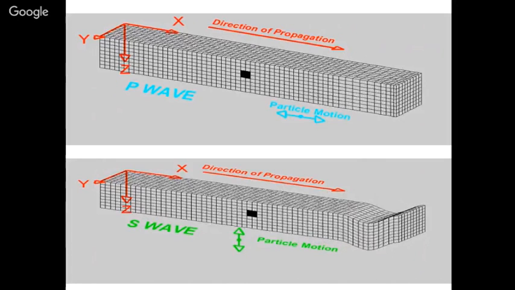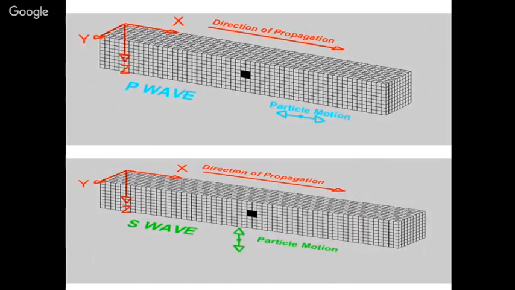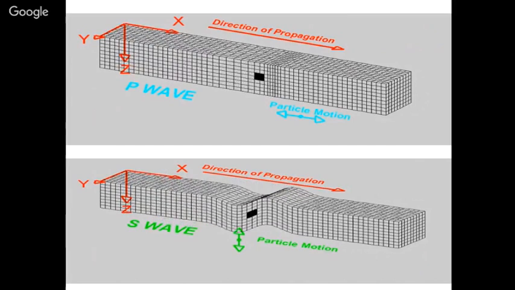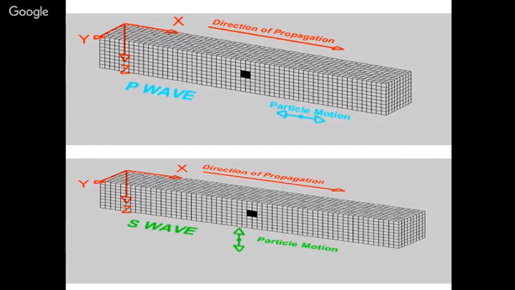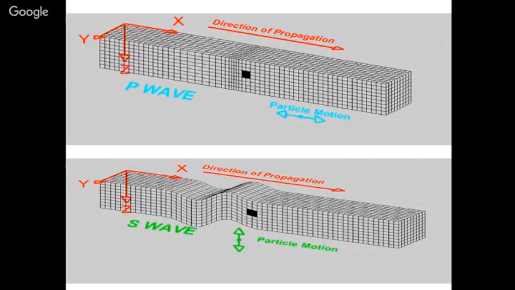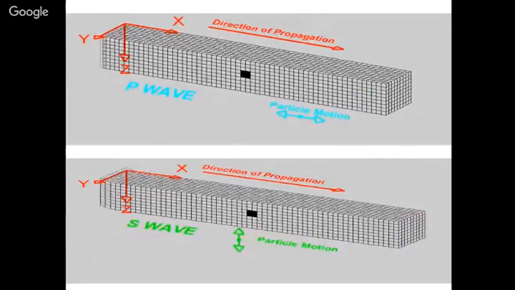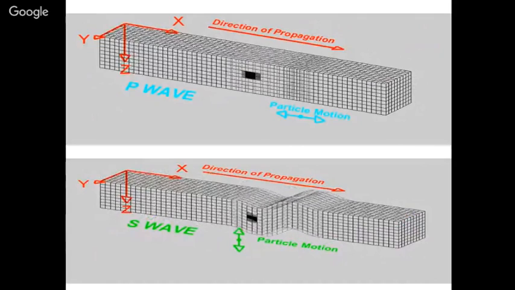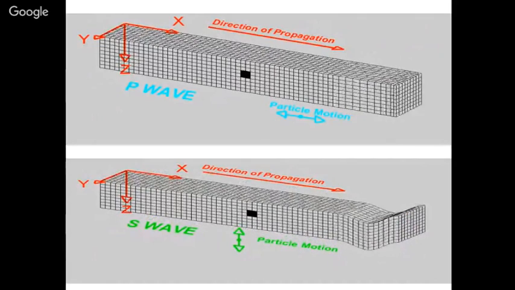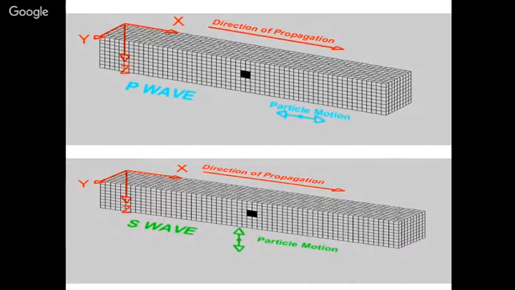If it is exactly translation, that means it is a P wave, and if it is a different oscillatory type of motion, in that case it is an S wave. So depending upon the particle motion, they are classified as P wave and S wave, where you can see it is exactly translation in the first case and a bit oscillatory in the second case, which is vertical also.